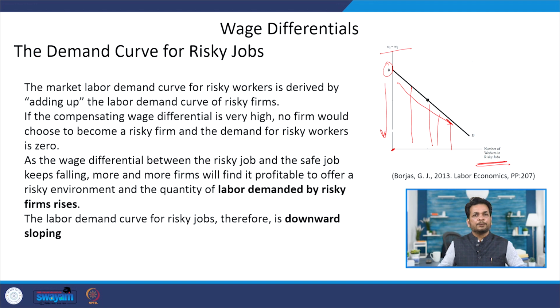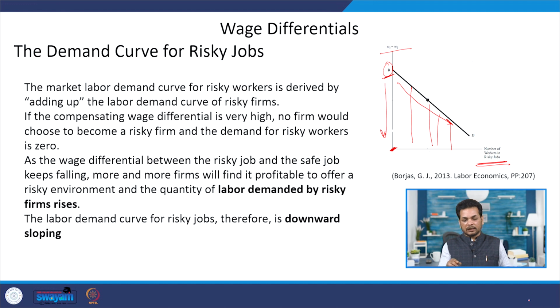So, if the compensating wage differential is very high, then no farm would choose to become a risk farm. This compensating wage differential here is theta hat. If the compensating wage differential is very high, no farm would choose to go for a risk environment, and there will be no demand for risk workers.